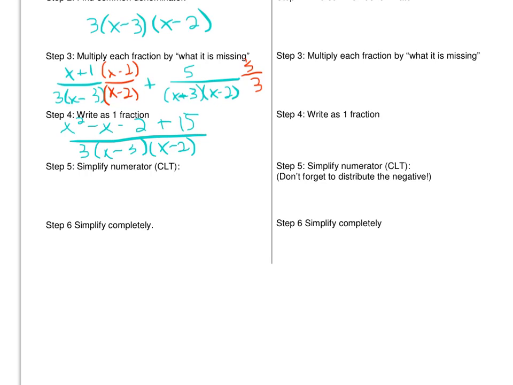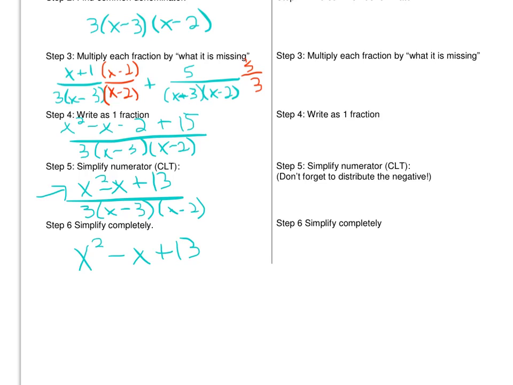Okay, so simplify the numerator, x squared minus x plus 13 over 3x minus 3, x minus 2. Now if you can, you try to simplify, factor the numerator again and see if anything cancels. But in this case, there are no factors of 13 that make negative 1. So this is the final answer.